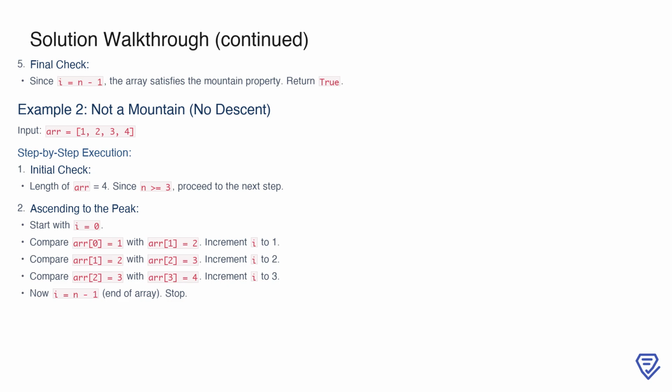Next, we compare arr[1], which is 2, with arr[2], which is 3. Since 2 is less than 3, we increment i to 2. We then compare arr[2], which is 3, with arr[3], which is 4. Again, since 3 is less than 4, we increment i to 3. At this point, i equals n-1, which means we have reached the end of the array during the ascent.